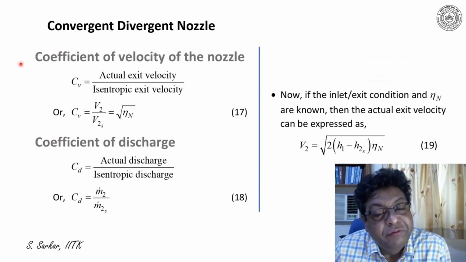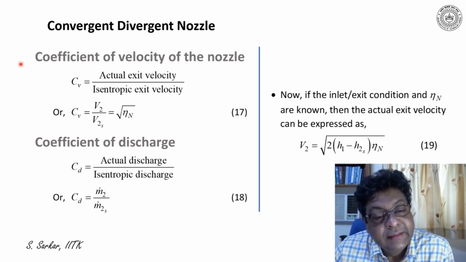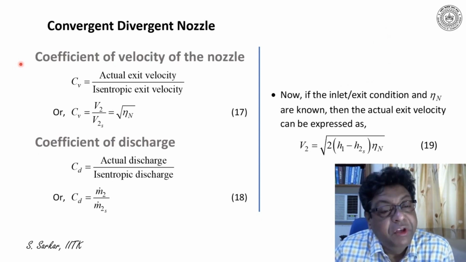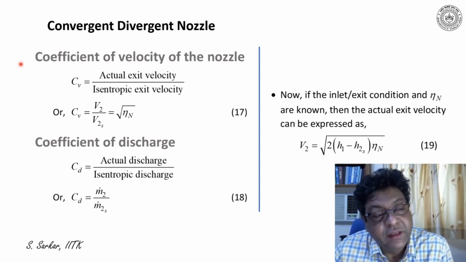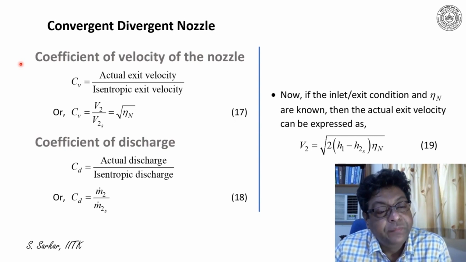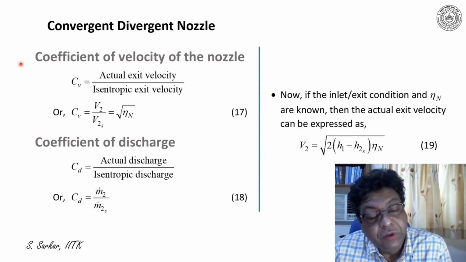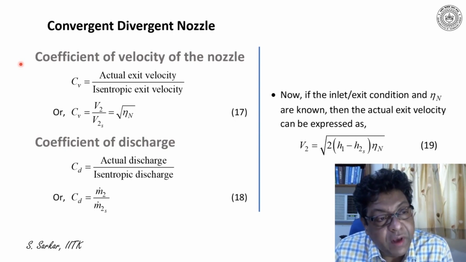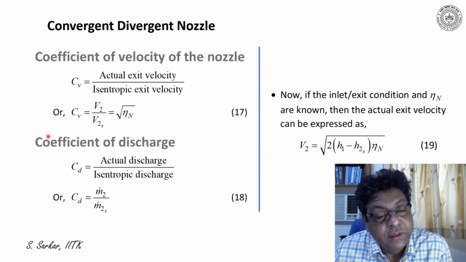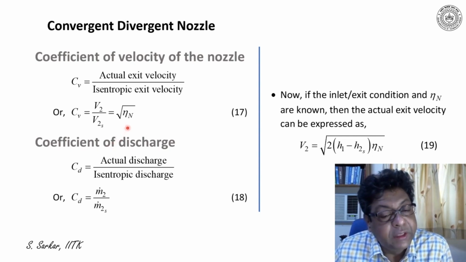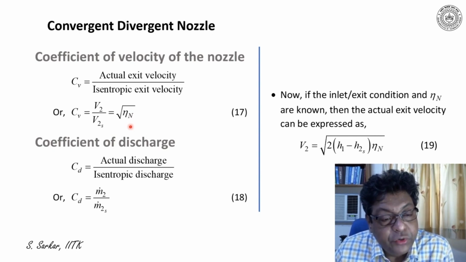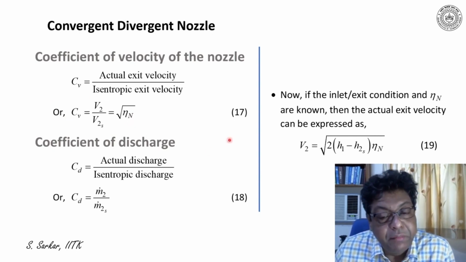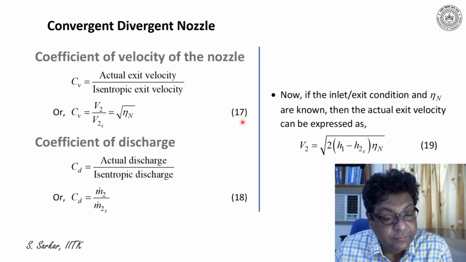The coefficient of velocity of the nozzle can be expressed as CV equal to actual exit velocity divided by isentropic exit velocity, that is CV equal to V2 divided by V2s. So this can be expressed by root over eta n. So CV can be given by equation 17.